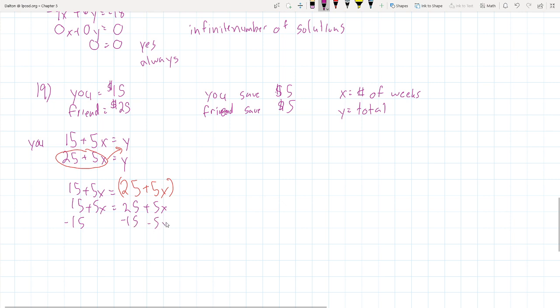Let's subtract this 5x on the right from both sides. And I get 0 equals 10. This is a not true statement. And it'll never be true. So that means there's no solution. Which means you'll never have the same amount. They will always have $10 more than you.